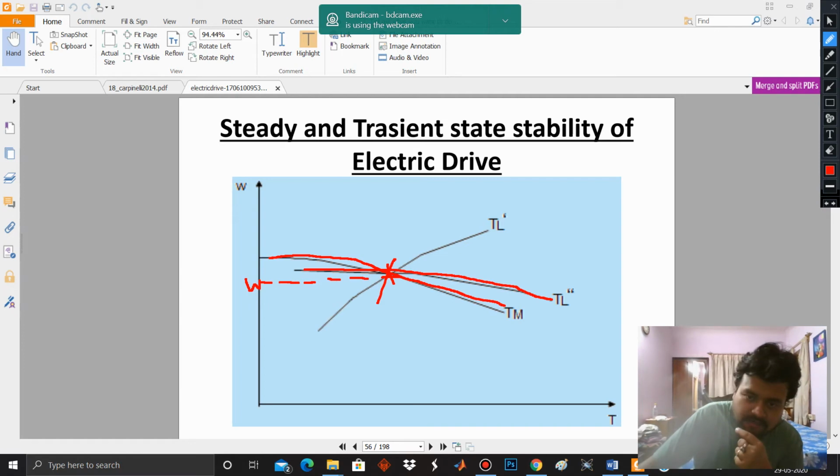Now we will forget tau L dash. We will be focused on the new load torque tau L double dash. So now what happens? Omega is suddenly reduced to omega 1. So you see here, omega 1 intersects tau m at this particular point.